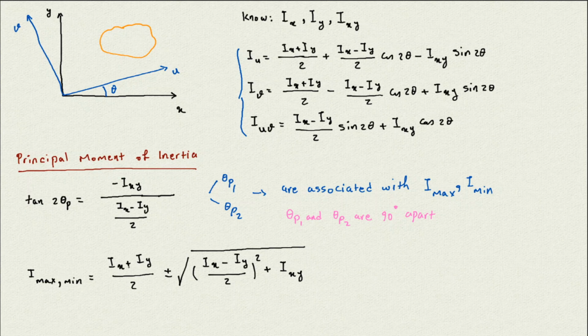The positive sign is for the maximum, the negative sign is for the minimum. So this is also its magnitude. So this equation tells us at what angle we have the maximum and minimum moment of inertia, and this equation tells us what the maximum and minimum moment of inertia are going to be.